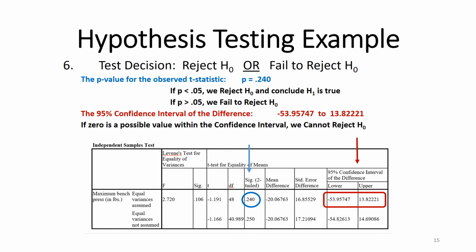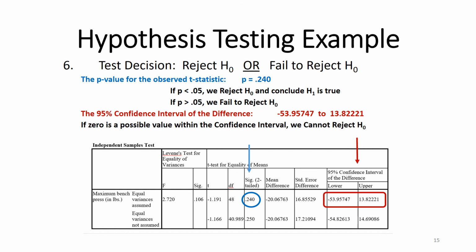So we'll start with what I said was the golden choice, what we see here in blue. That is our go-to. P-values are something I want to make sure you understand before the end of this semester. We know that the p-value for the observed t-statistic is 0.240. How do I interpret that? In the black right below, you'll see p less than 0.05 versus p greater than 0.05.